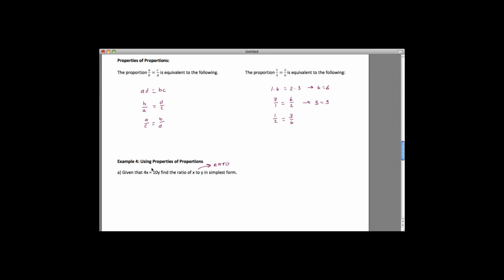So this is a ratio. Okay? And so if I look at what this means, 4x equals 10y, it sort of looks like this, right? And so I am going to reconstruct these two pieces here. So that means that 4 over, now A and B go together, so the first one goes with the first one, so 4 over 10 is equal to x over y.